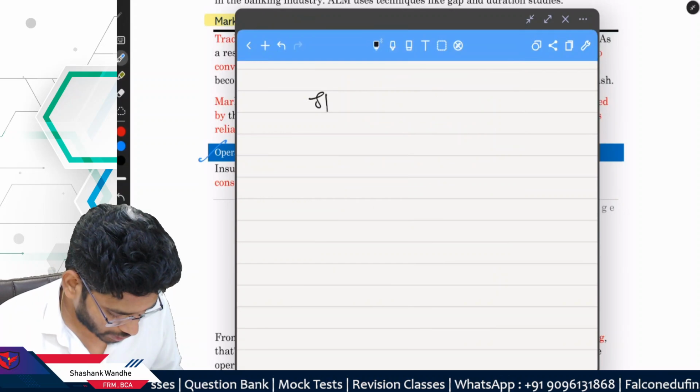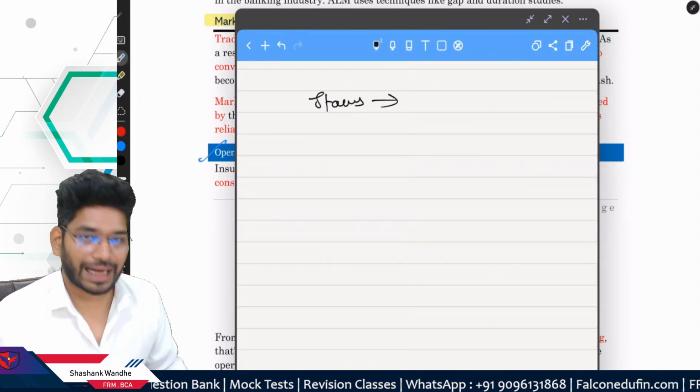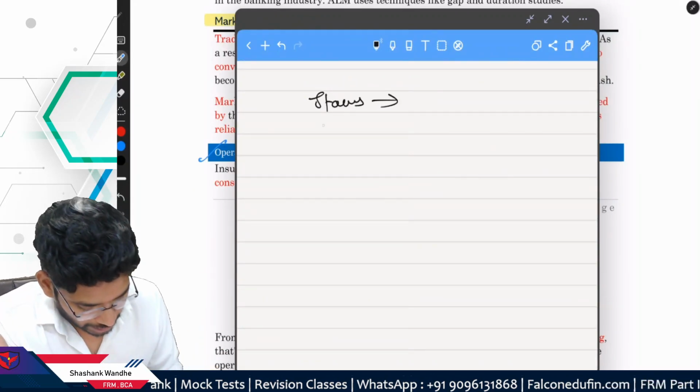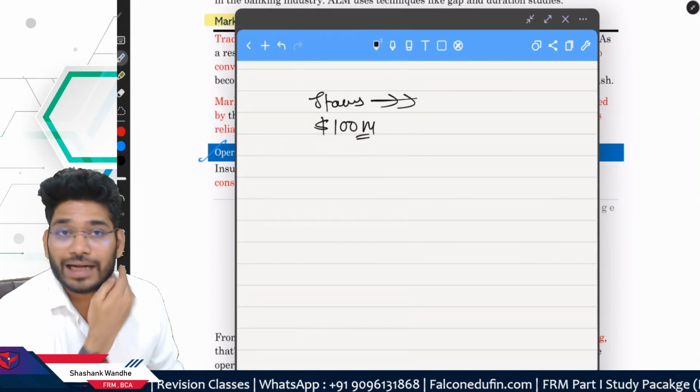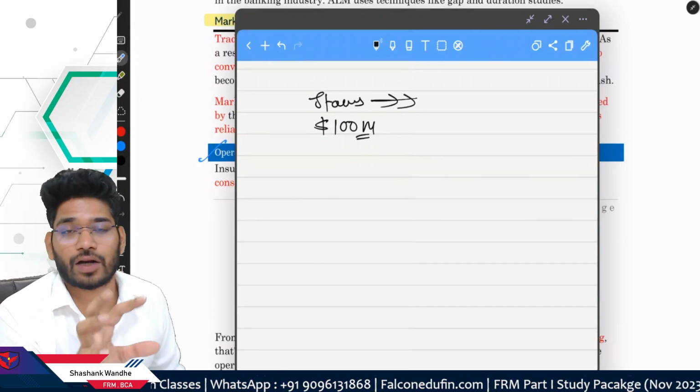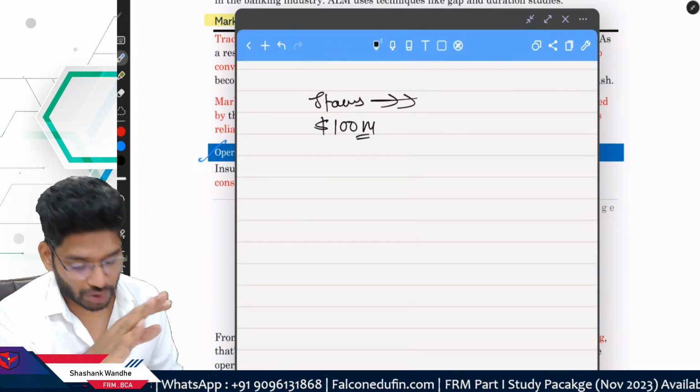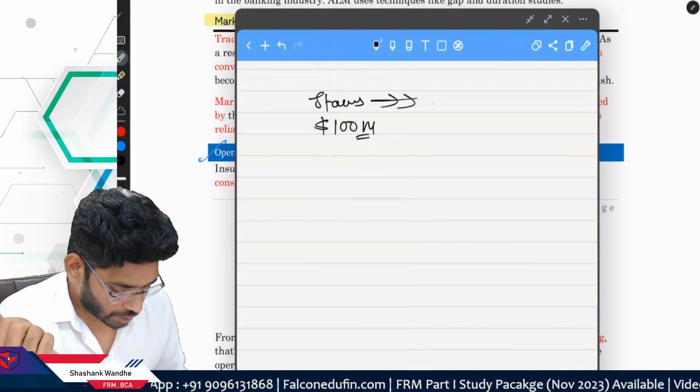you have stocks and you want to sell them, say stocks worth 100 million. And in the market, there are not enough buyers to buy these 100 million worth of stocks. So what will happen?